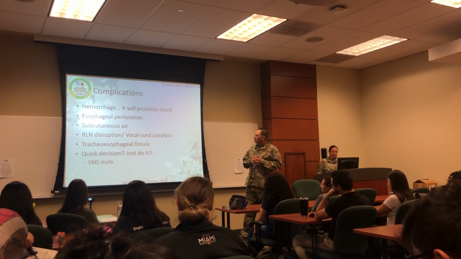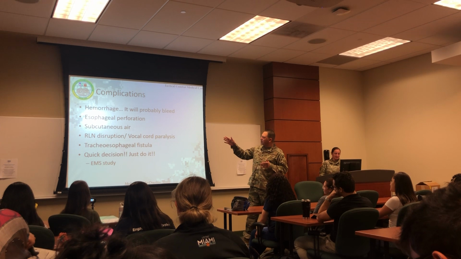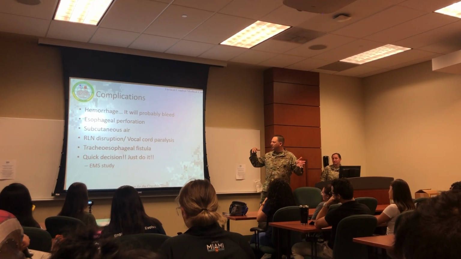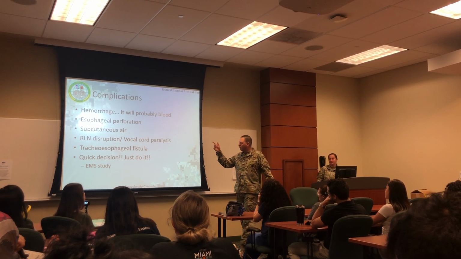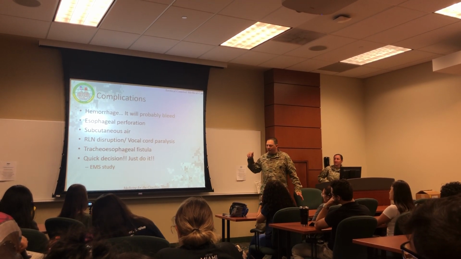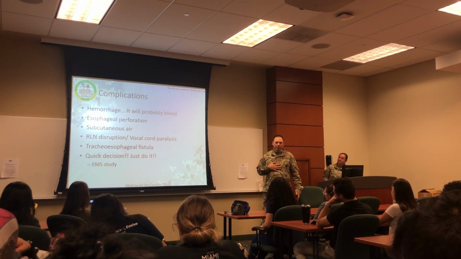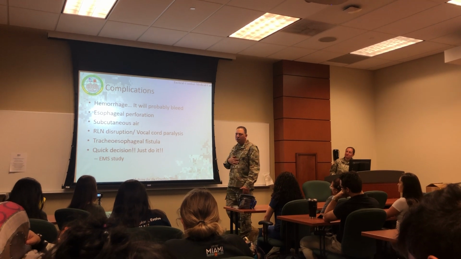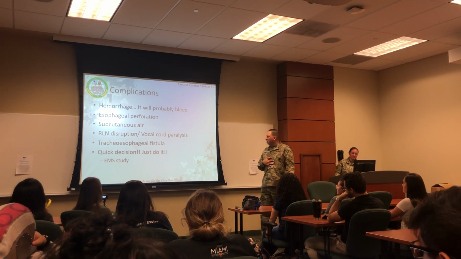Let's see here, we've got different types of complications. We're talking about certain types of hemorrhages. We talked about bleeding in the lungs, right? And esophageal perforation, subcutaneous air, that's if you're not placing the crike tube properly, okay?